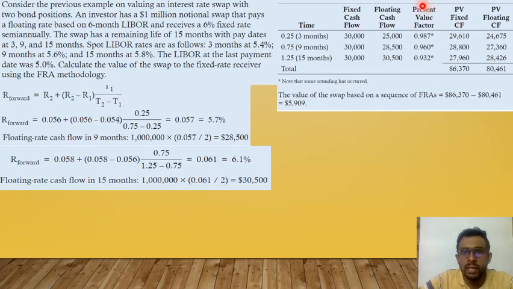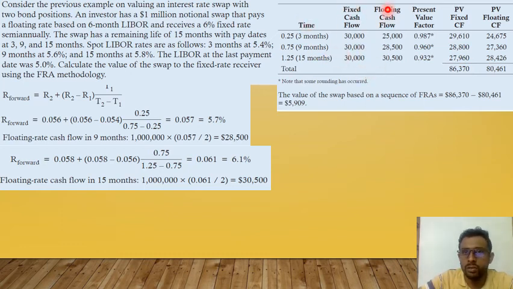We'll then use the present value discount factors to find the present value of the fixed cash flows and floating cash flows, and the difference will be the value of the swap. So that is how we find the interest rate swap value using FRAs. It's pretty straightforward.